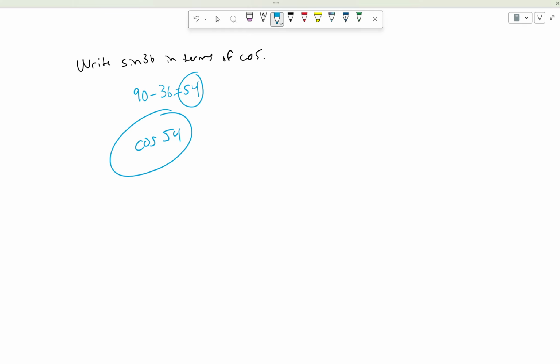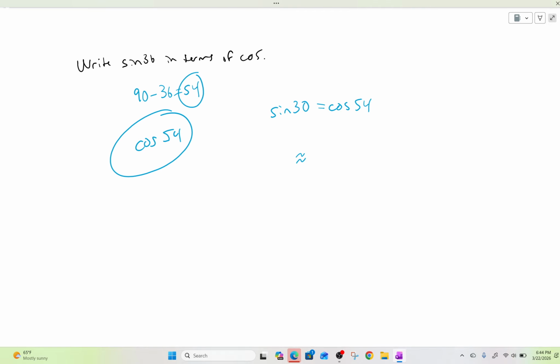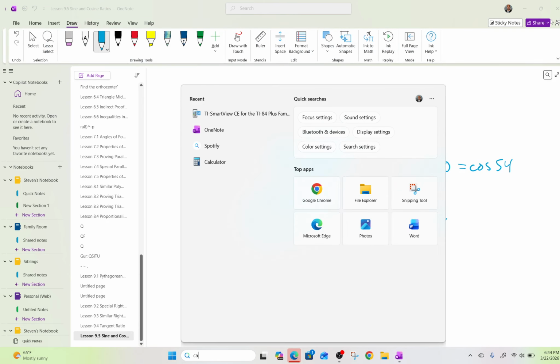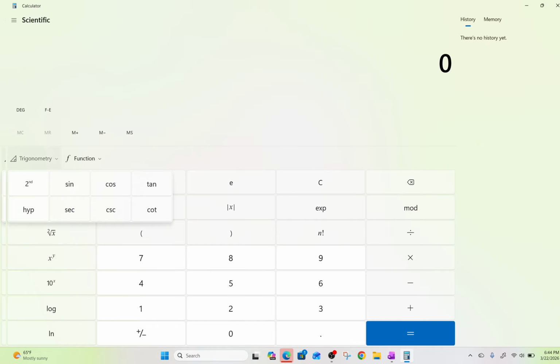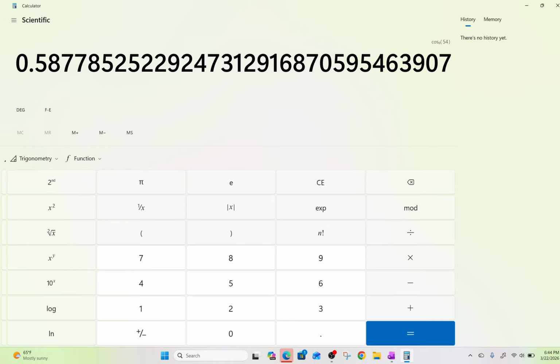And if you really care, I want you guys to punch this into your calculator. The sine of 36 and the cosine of 54. Okay? I want us to actually do this real quick because this will be fun. All right? Trig. Oops. 54. The cosine of 54 is 0.5878. All right.